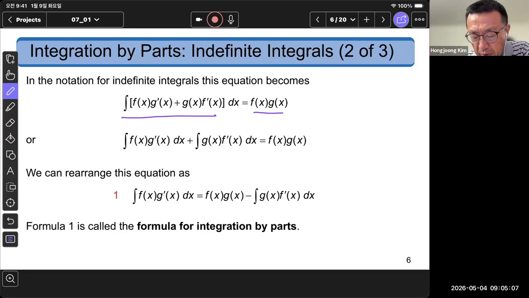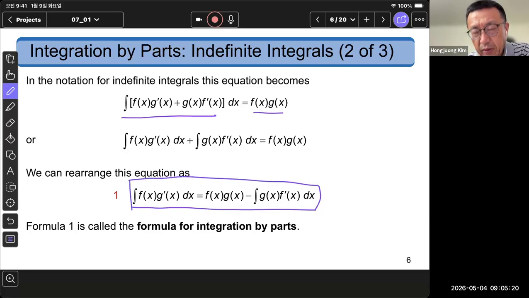If you separate this integral and move one of these two terms to the other side, then we get this formula, and that will be called the formula for integration by parts.